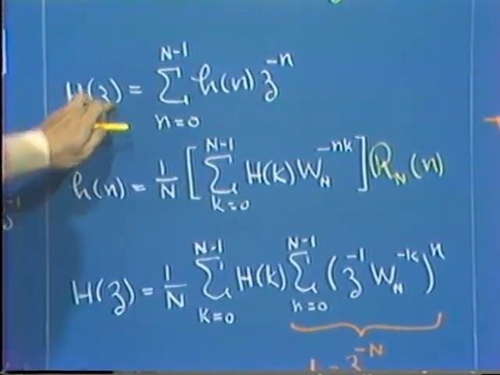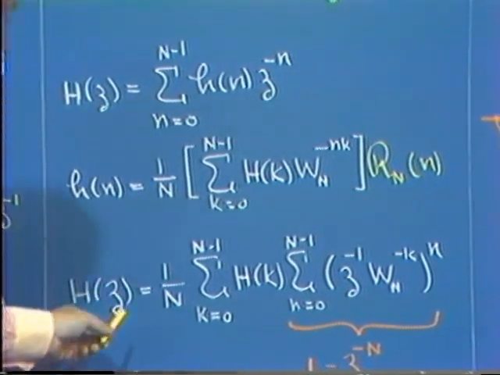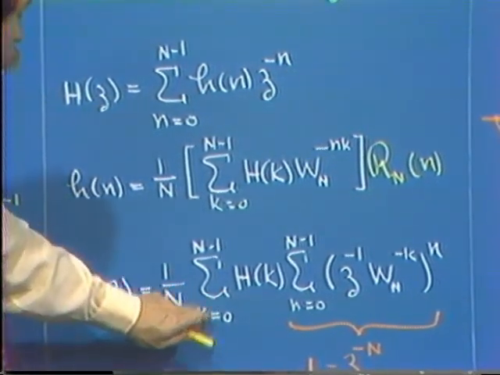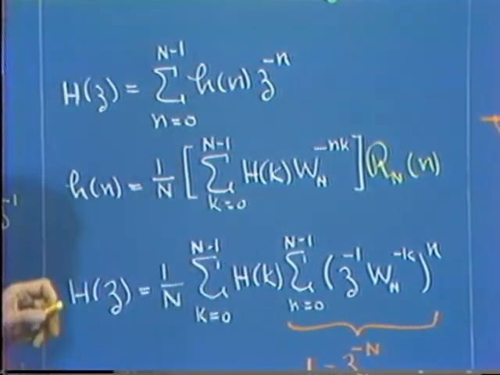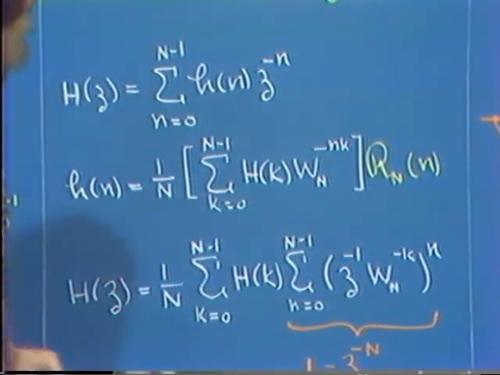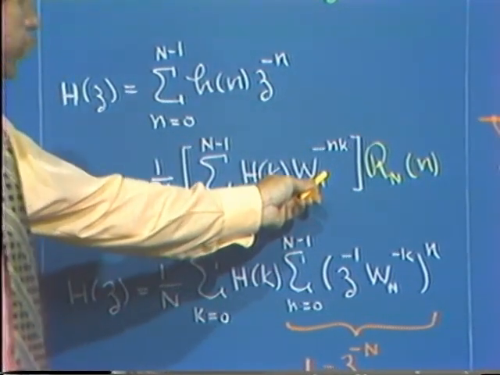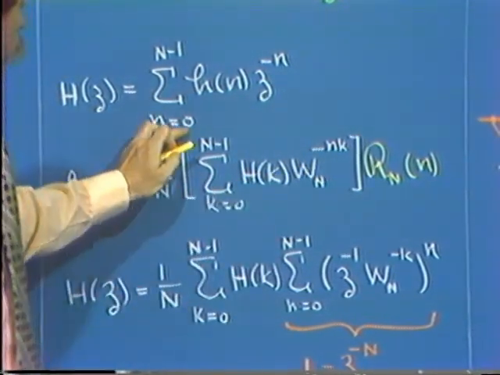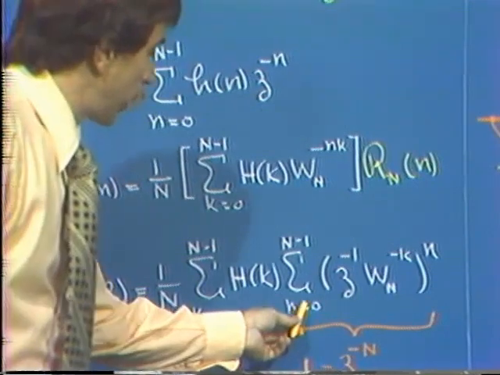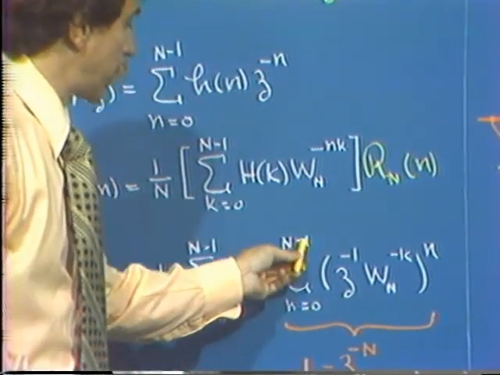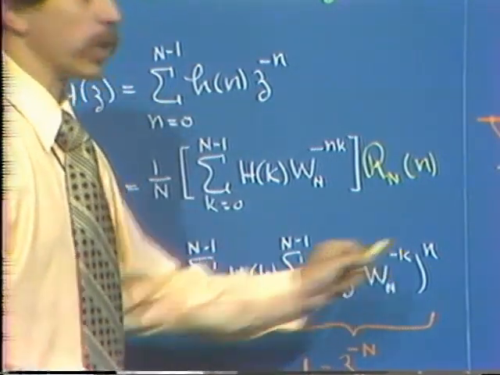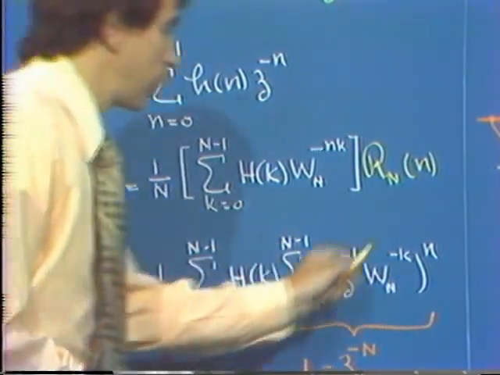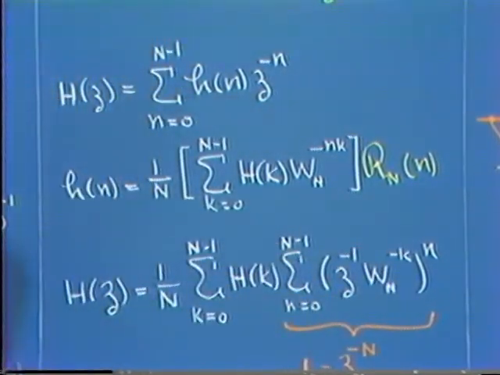And if we substitute this in here and interchange the order in which we evaluate the sums, then the resulting expression for the z-transform, for the system function, is the sum from k equals 0 to N minus 1 of the DFT values. And this term and this term are involved in the sum on n, and they result in the sum from 0 to capital N minus 1 of z to the minus 1, W sub capital N to the minus k, that raised to the nth power.